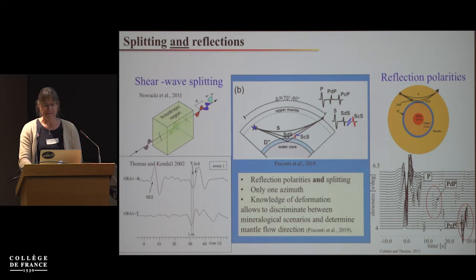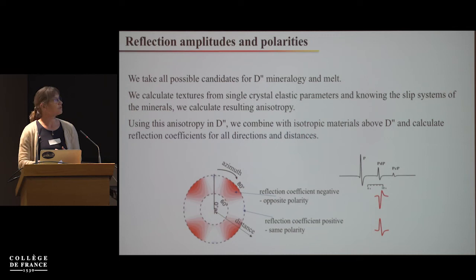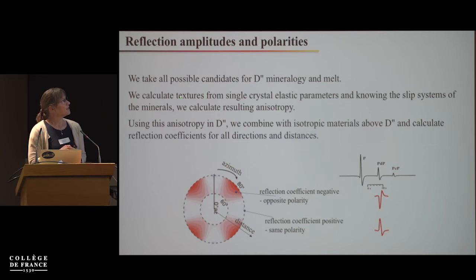Yeah. So the graphs that you will see in a moment, what we're doing is we take possible candidates for D double prime mineralogy, and then basically we take the elastic constants from single crystal and textures, and then we have texture, and then basically we can calculate the resulting anisotropy.